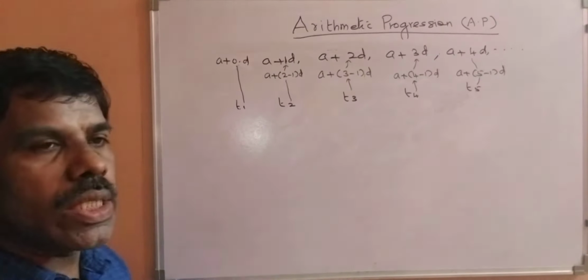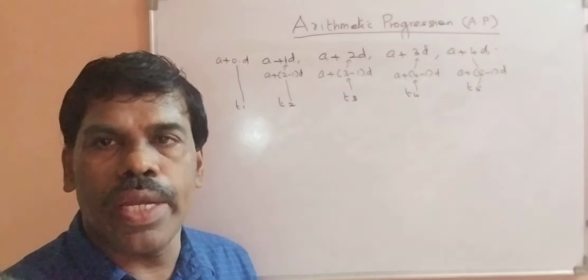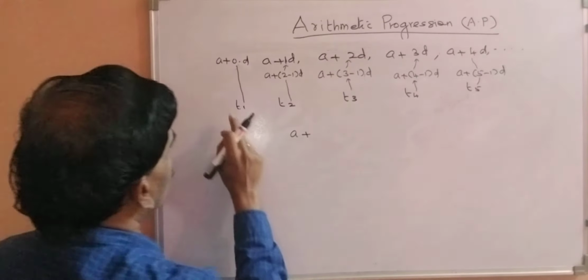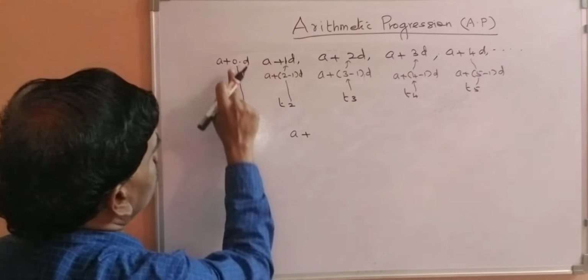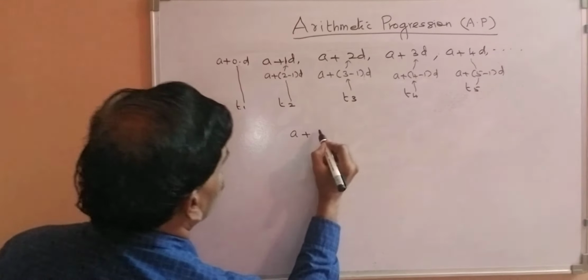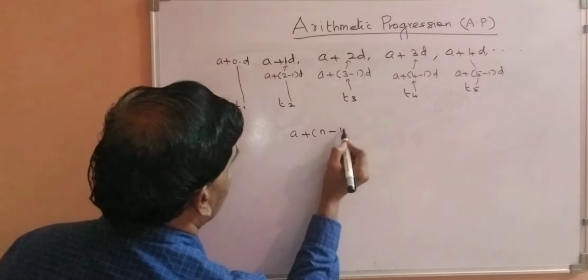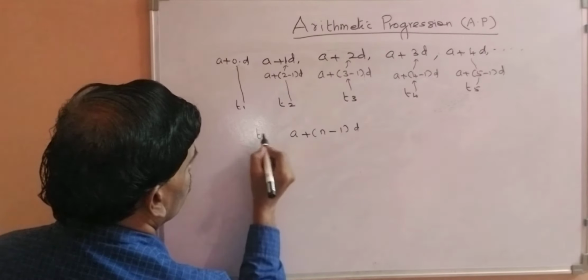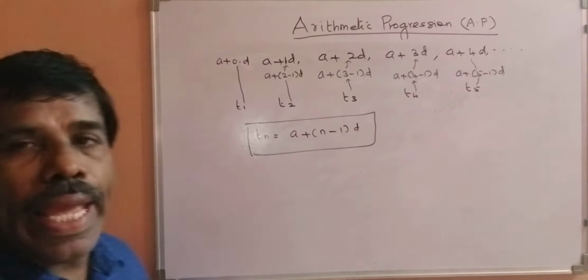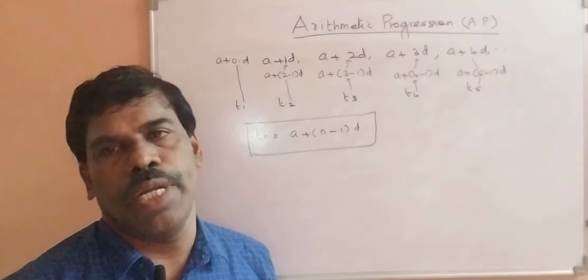So what is the general term of an AP? First term means here 0, second term means 2 minus 1. So nth term means n minus 1 into D. This is the general formula to find out the nth term of an arithmetic progression.